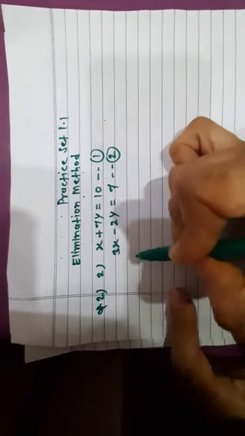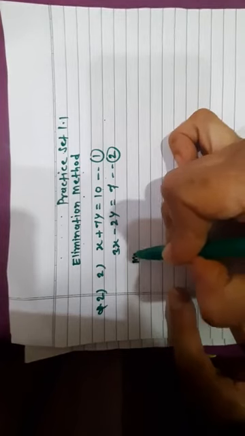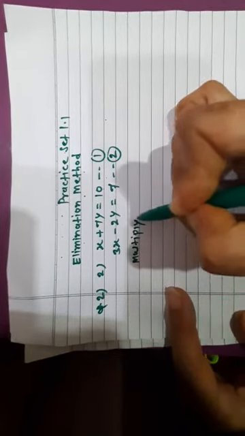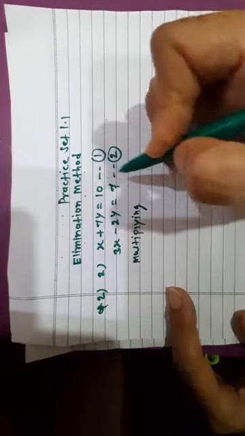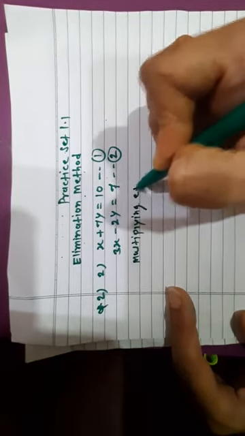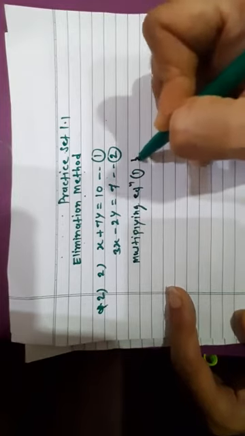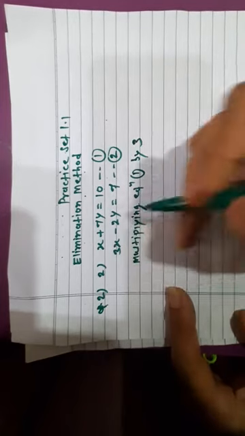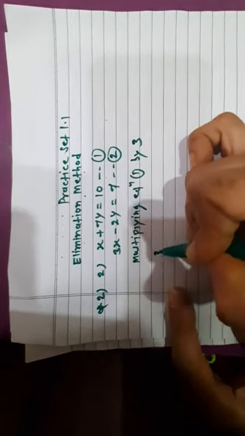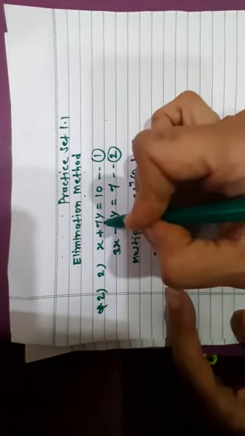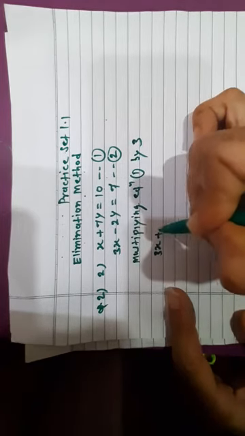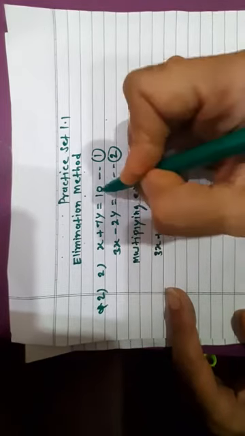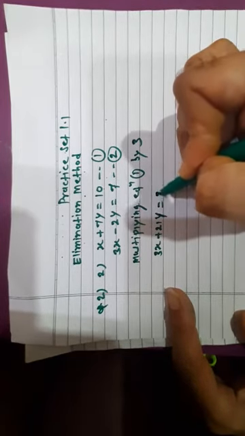So multiplying equation 1 by 3, the equation becomes 3 into x, that is 3x, 3 into 7, that is 21y, and 3 into 10, that is 30.